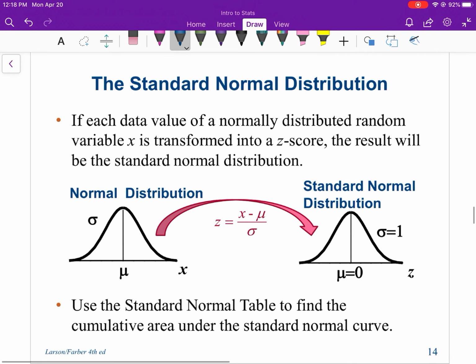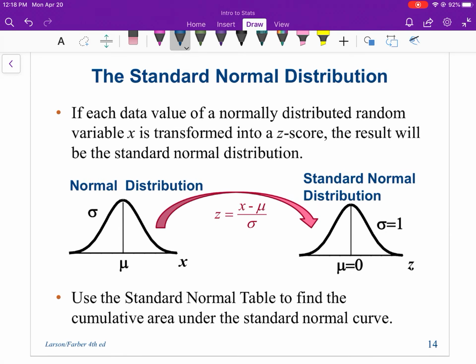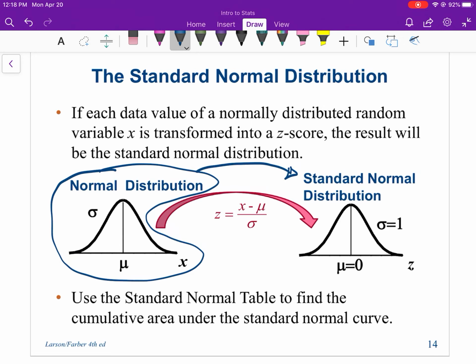What we're going to do in this lesson and coming lessons is take your normal curve, where your mean can be anything, and switch it over to a standard normal curve. We do that with z-scores. When you flip all of your probabilities to those with z-scores, that gives you a curve with a mean of 0 and a standard deviation of 1.